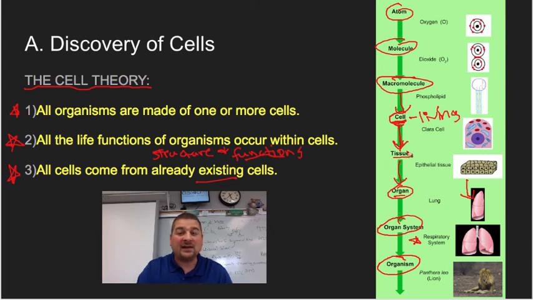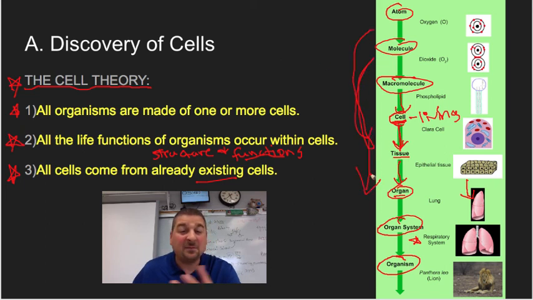Plants have different organs and tissues and organ systems as well to make the organism. So that's the basic hierarchy of life. And those are some of the main scientists that led up to the cell theory, this idea that we are made up of cells, and then the complexity is built up from there.